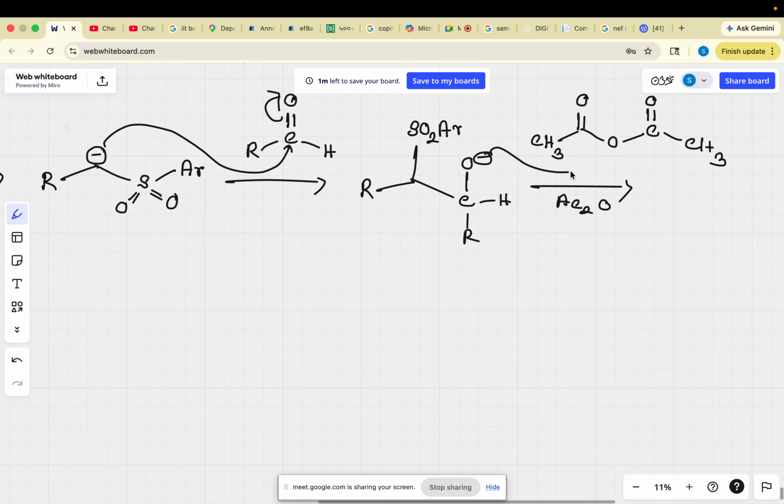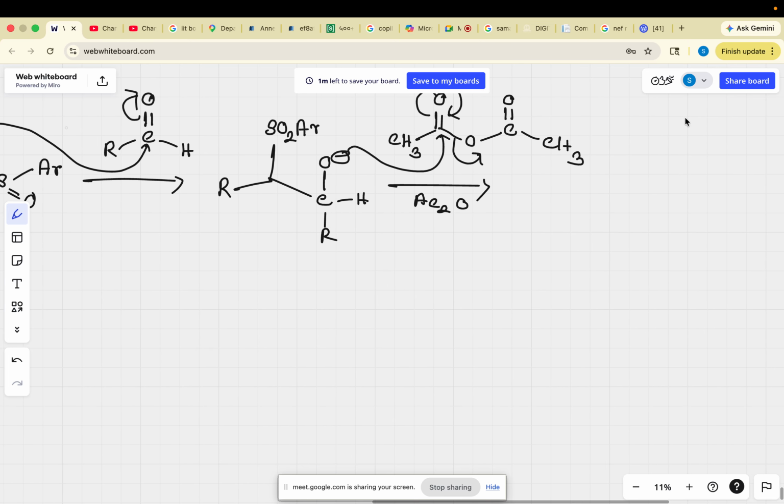So O minus will attack on this carbonyl carbon, this bond will break, it will come back. Ultimately this OAc group is releasing from here. It's a good leaving group because O minus is in conjugation, it's a stable product. So here you are getting SO2Ar, carbon, R, hydrogen, and OAc. OCOCH3 means OAc.